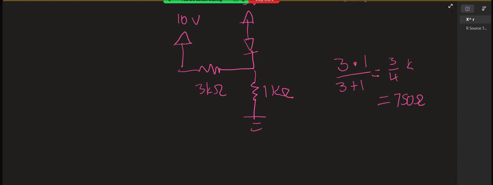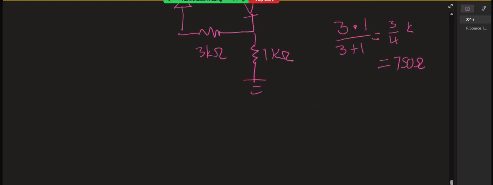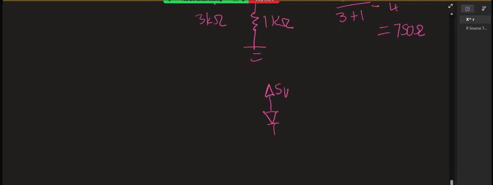So we can redraw it. We have 5 volts, and then we have our diode. Then we have our 750 ohm Thevenin equivalent.